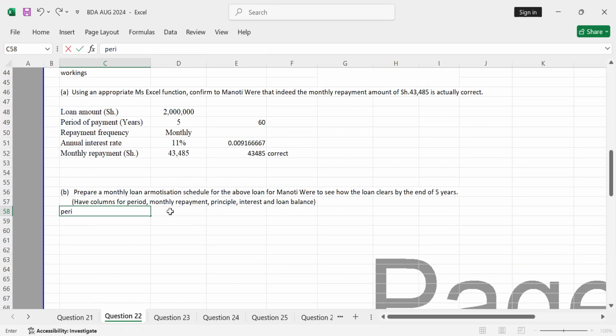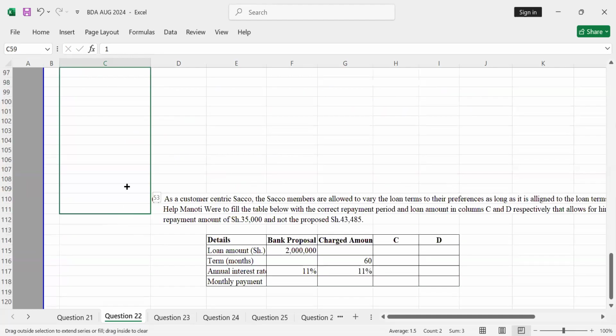So I'm going to have the period. We know it is 1 to 60, depending on months. So you type the first and second one, and then you can use what we call autofill. You put number 1 and 2, then highlight the 2 of them, and from the far corner you can just drag down to the last one, which should be up to 60.